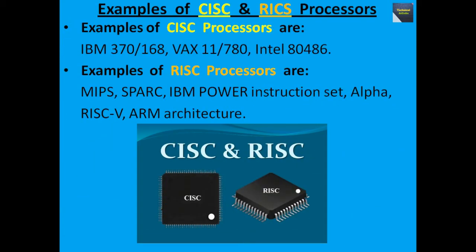Now we talk about some examples of CISC and RISC processors. At first, examples of CISC processors are IBM 370/168, VAX 11/780, Intel 80486, and others. Examples of RISC processors are MIPS, SPARC, IBM Power Instruction Set, Alpha, RISC-V, ARM architecture, and more.